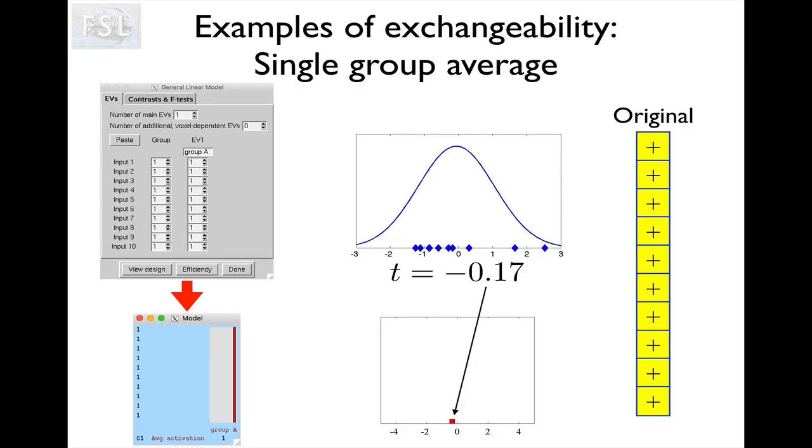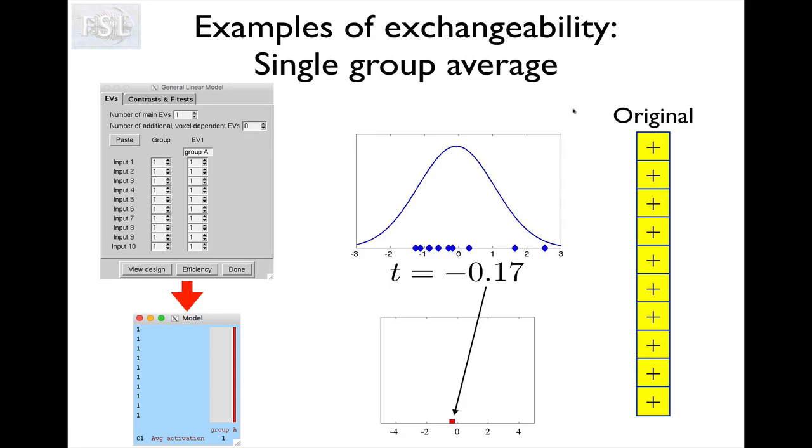Now, similarly, if the null hypothesis, which in this case is that the mean is 0, is true, then all these values are just random variations around 0. And if they are just random variations around 0, it shouldn't matter if we take the value or if we take the negation of the value.